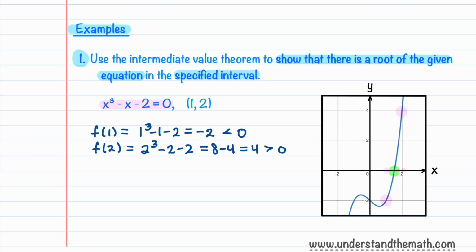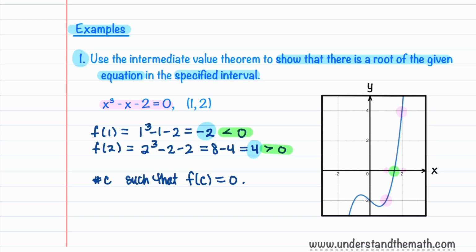Because f of 1 is less than 0 and f of 2 is greater than 0, the intermediate value theorem tells us that there has to be a number c such that f of c is equal to 0, because our function has to take on every value between negative 2 and 4, and 0 lies between negative 2 and 4.